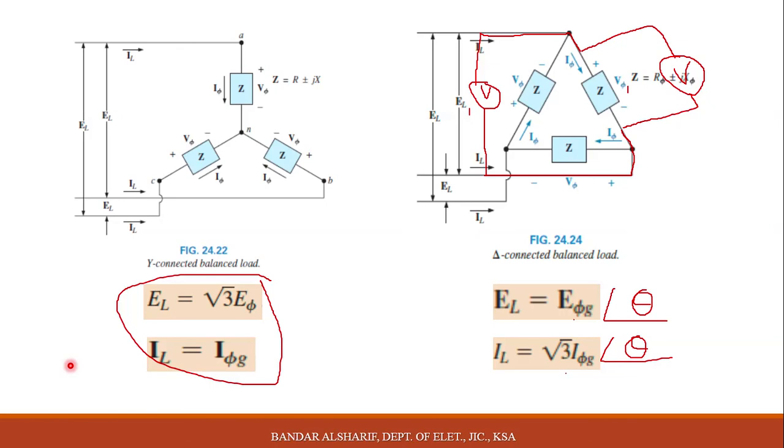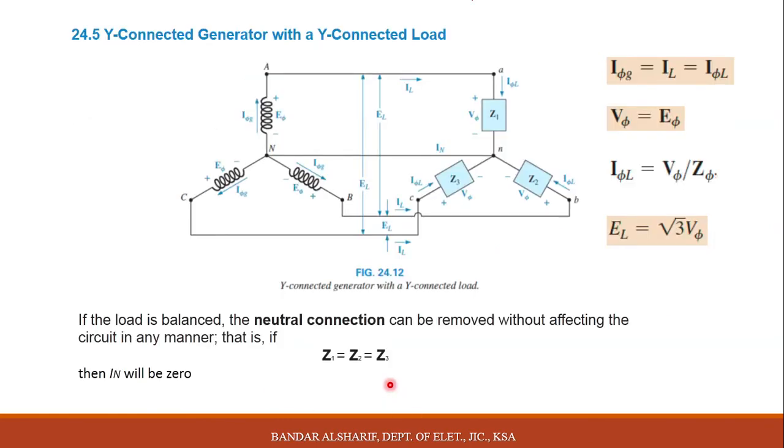Let us start talking about a Y connected generator with a Y connected load. This is the source, we will say generator, and this is the load. In this section, we will talk about Y source and Y load.